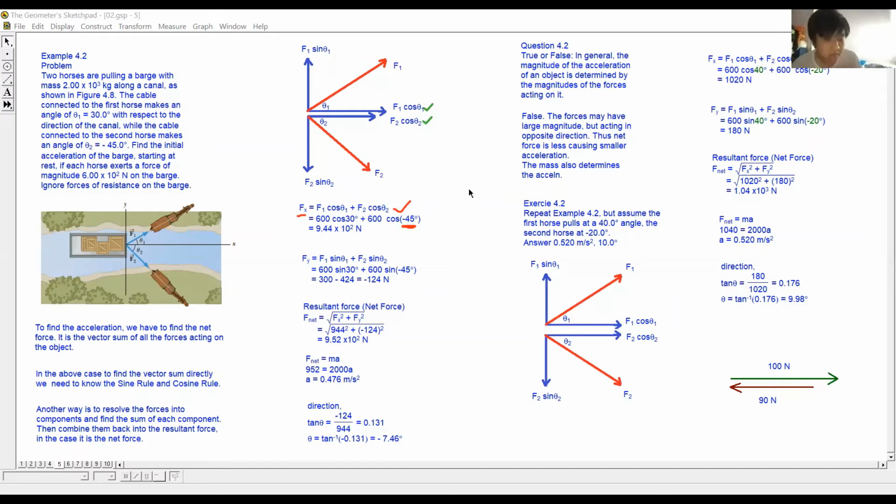Degree mode, because the angles given are in degrees.